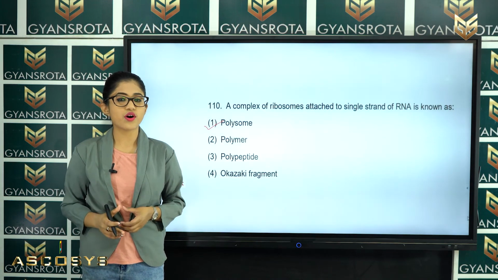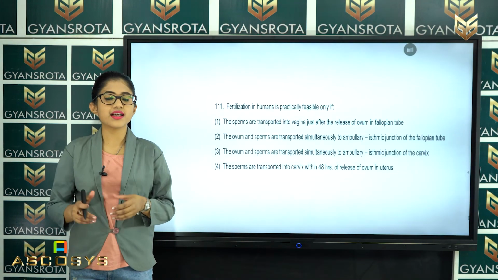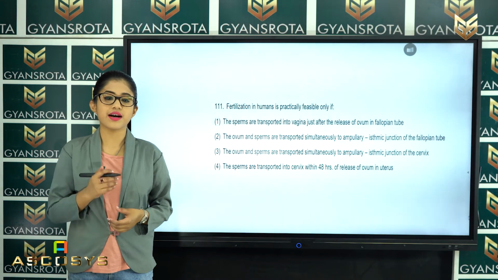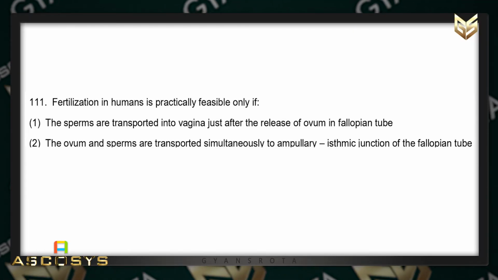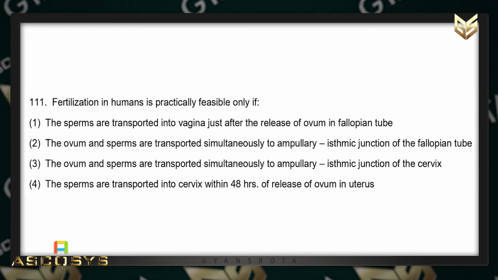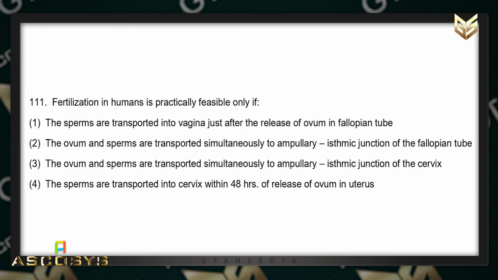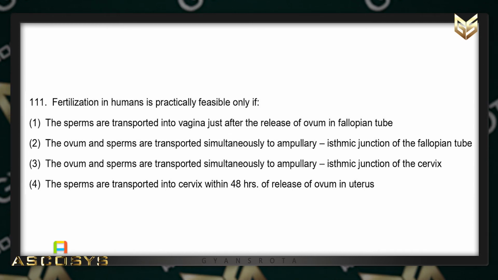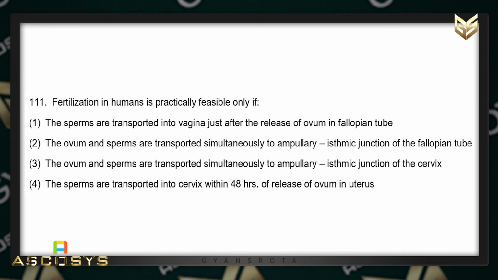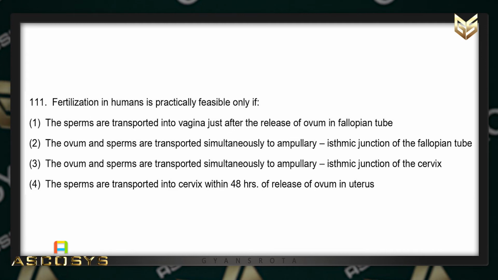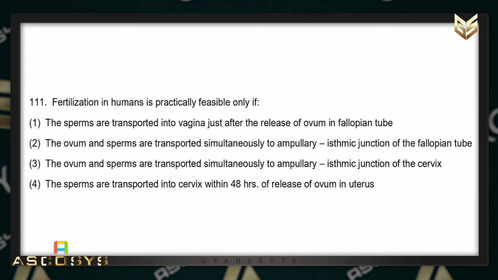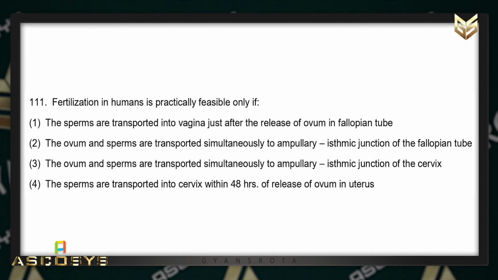Now, let us move on to the next question. So, the next question is question number 111. Fertilization in humans is practically feasible only if the sperms are transported into vagina just after the release of ovum in fallopian tube. Option number 2 is the ovum and sperm are transported simultaneously to ampullary isthmic junction of the fallopian tube.